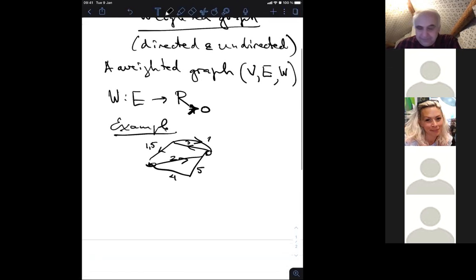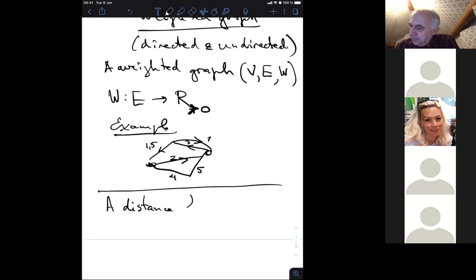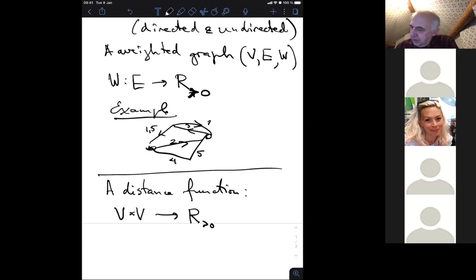Okay, now if we have weights on edges, then we can associate a distance function. A distance function would be a function defined on pairs of vertices. It's a function from V cross V to, again, positive numbers, and the union with possibly plus infinity.